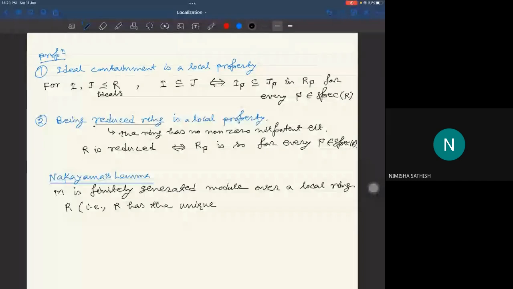A commutative ring with identity has at least one maximal ideal, right? That you have done in the ring theory course. So when your ring has only one maximal ideal, then we call it a local ring. So this R has the unique maximal ideal.